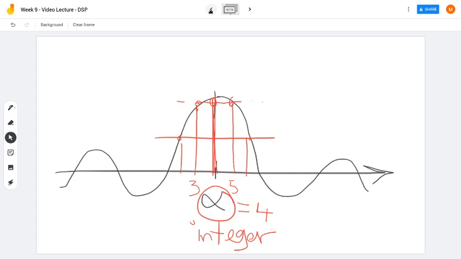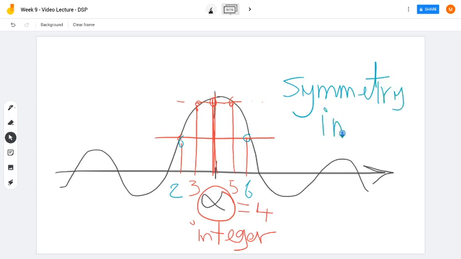And we will have a sample here at 6 and a sample here at 2, and these two values will also be equal to each other. We still have the symmetry in the impulse response. This is happening if alpha is an integer.